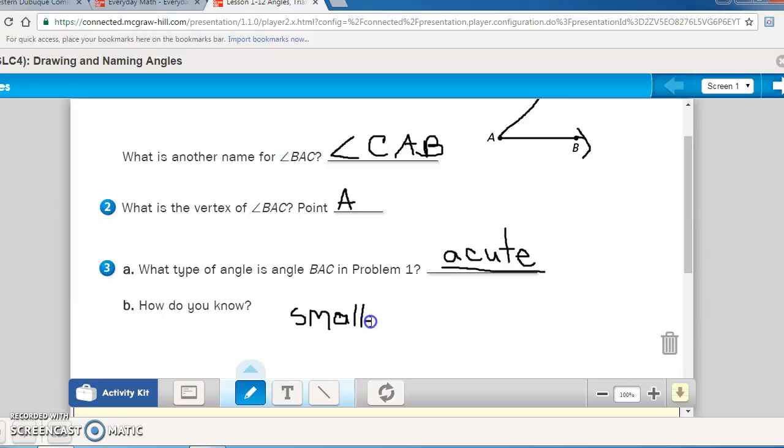And what is a right angle? It's degrees. Hopefully you know by now that that's 90. So smaller than a 90-degree angle. And sorry about my writing. I definitely need to improve it here.